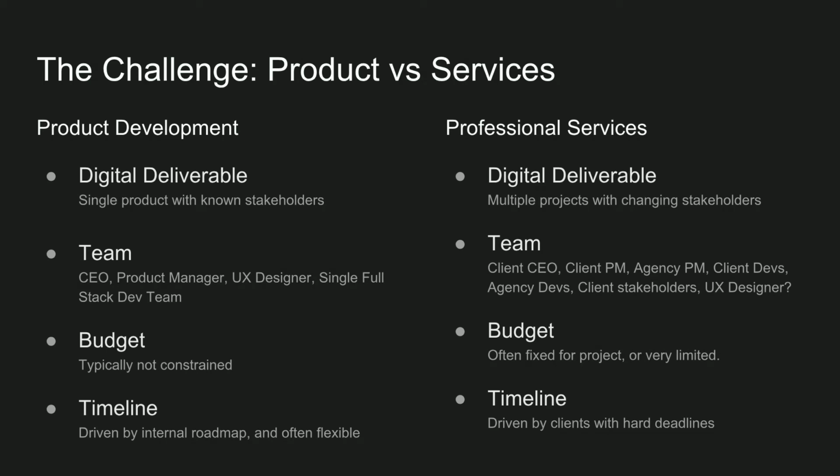I know that teams come in all shapes and sizes, but I'm taking the most extreme example of the difference between product and professional services. On the professional services side, you may have the client CEO, you have your own CEO, there are client PMs, your own PMs, etc. Whether there is a UX designer, a lot of agencies don't have a UX designer on staff.